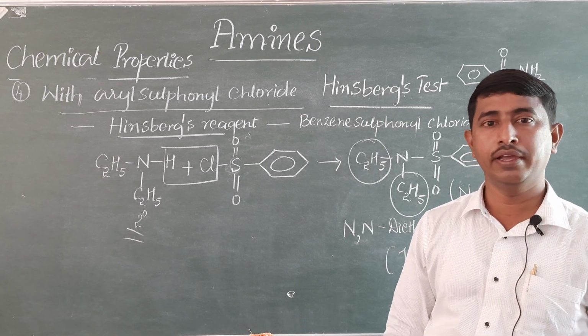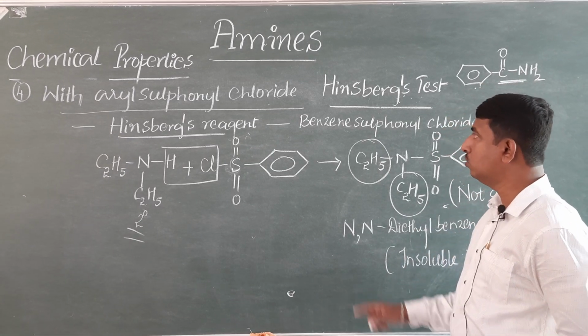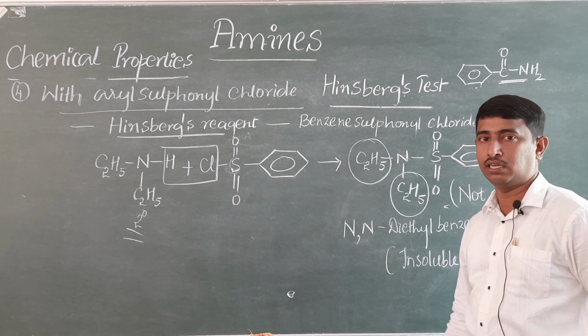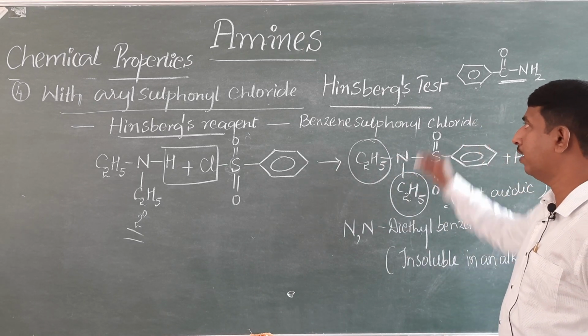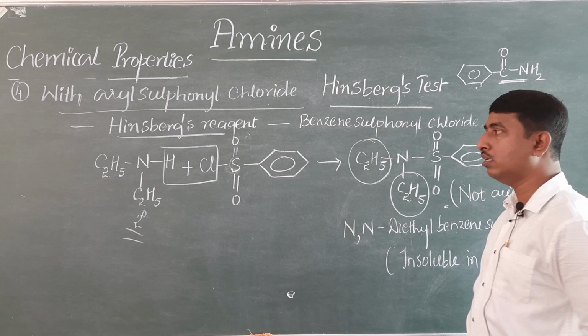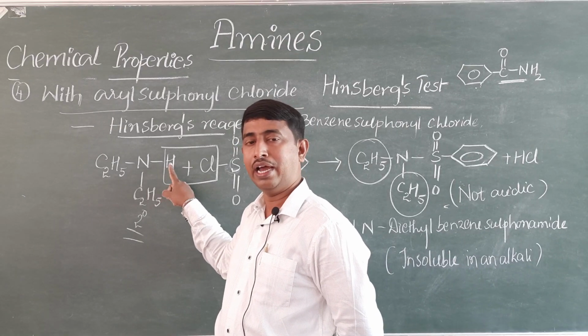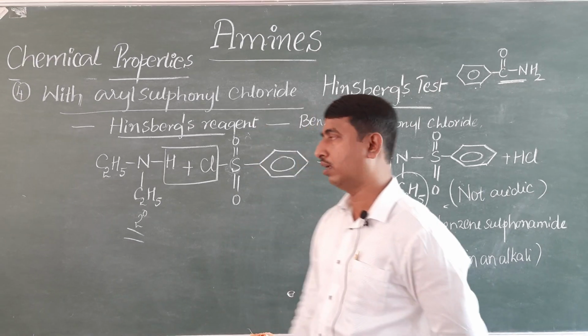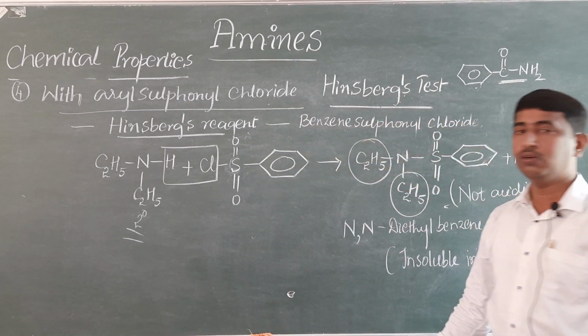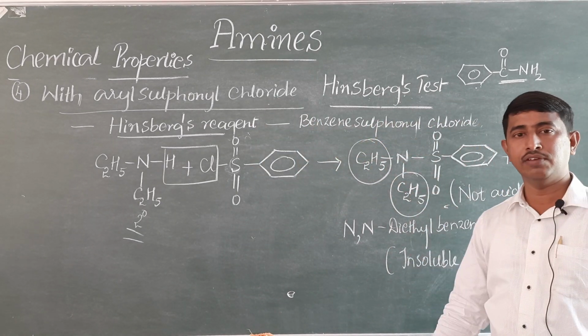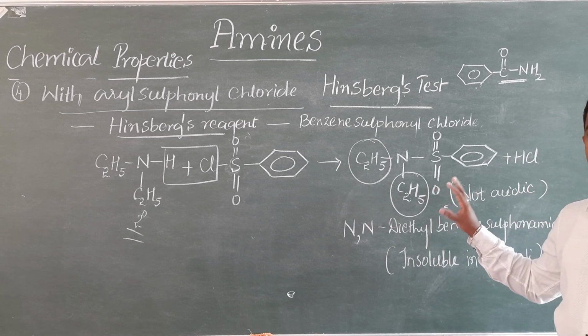What about tertiary amine? Tertiary amines do not respond to this reaction, or they do not answer Hinsberg's test, because they do not contain any hydrogen upon the nitrogen atom. So in this way we can distinguish primary, secondary and tertiary amines.